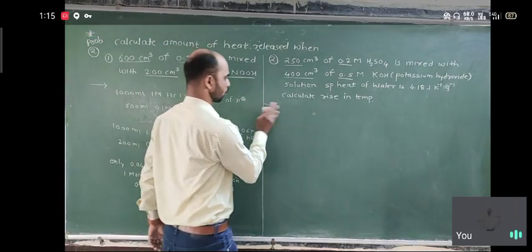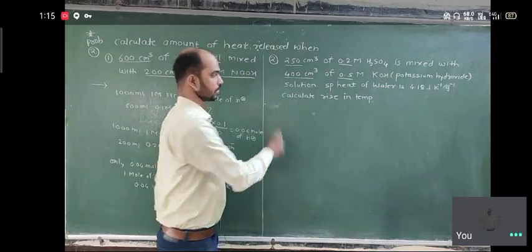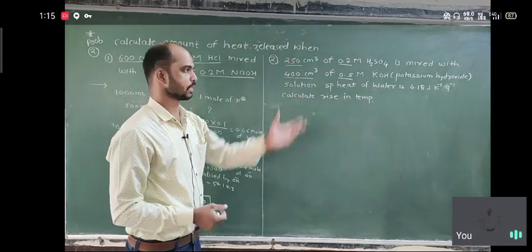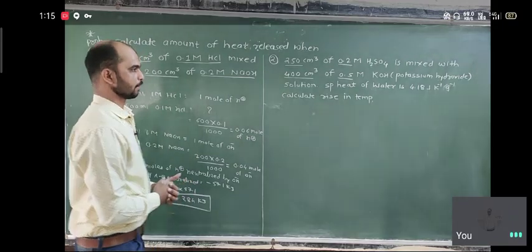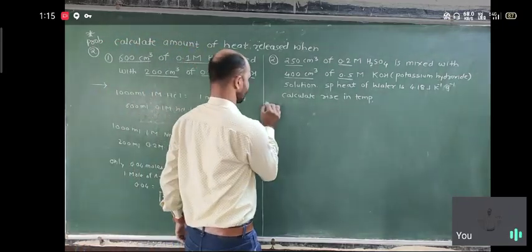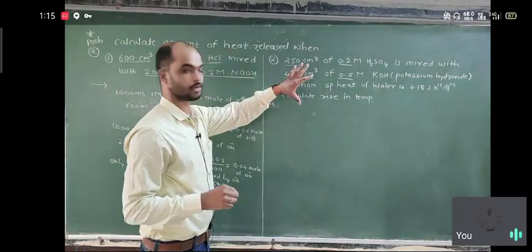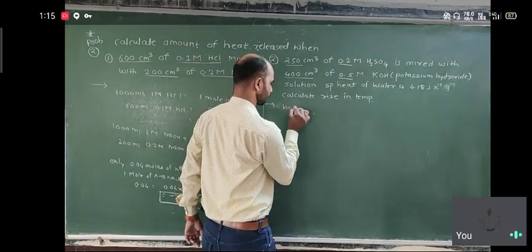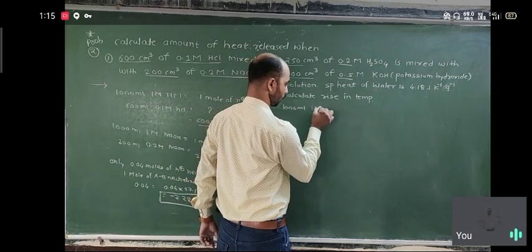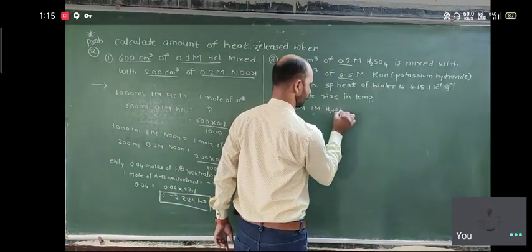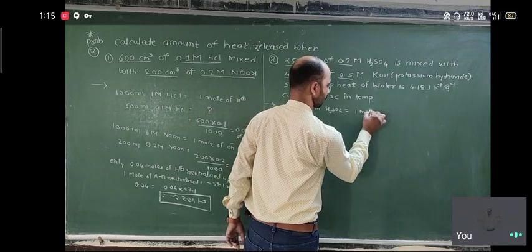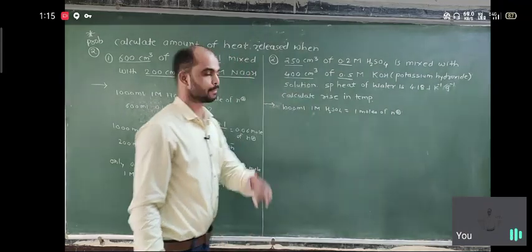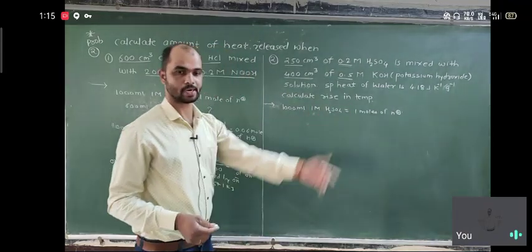First calculate the energy evolved. Once you know the energy evolved, you know the mass and the specific heat, so you can calculate the rise in temperature. So first we calculate the energy evolved during this mixing. 1000 ml of 1 molar H2SO4 has 1 mole of H plus, and you know H2SO4 is dibasic, so we multiply the number of moles by 2.